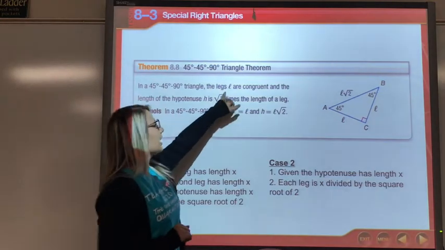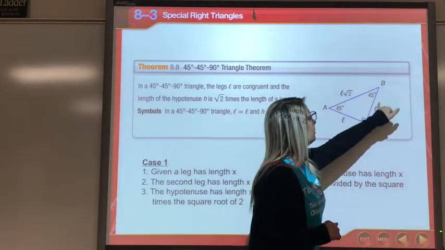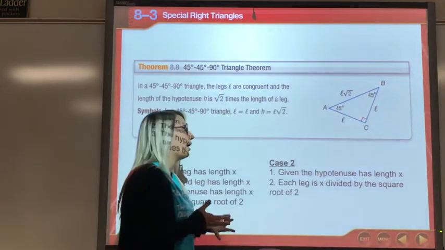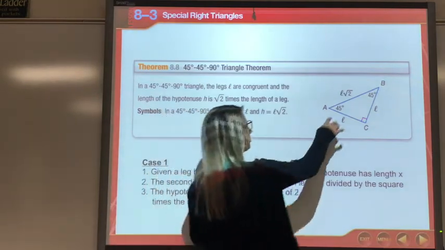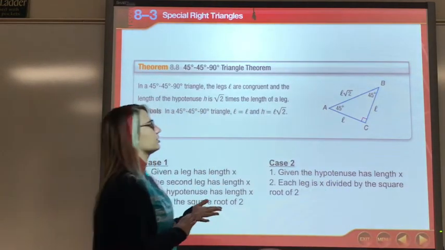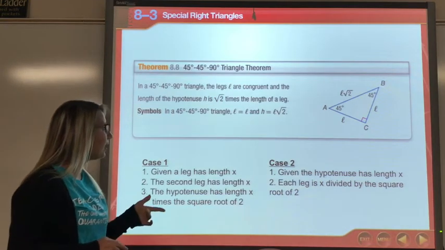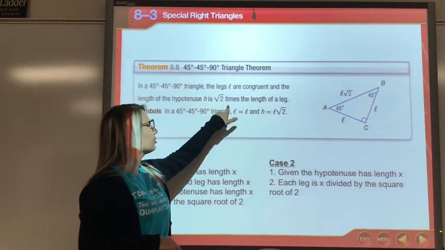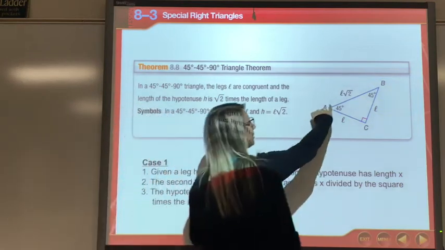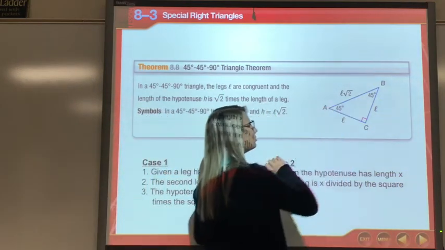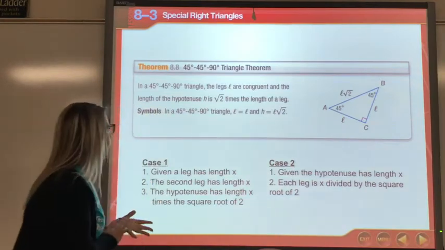We're calling the legs L. Notice it's an isosceles triangle because we have two 45-degree angles. Now the length of the hypotenuse is square root of 2 times the length of the legs, so we're calling this hypotenuse L root 2.